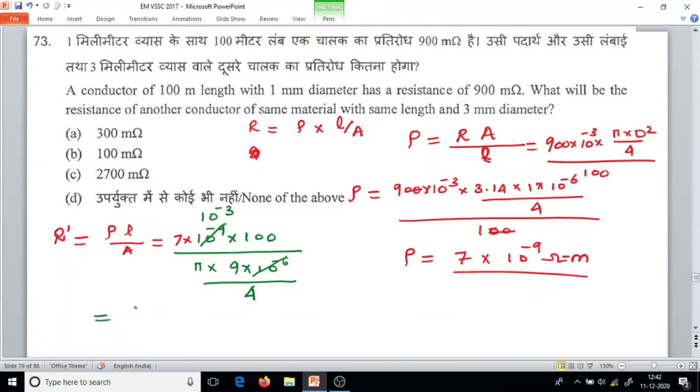Here I will divide by 4. 9 divided by 4, what will we get? So when you simplify all these equations, not spending much time on it, you will get 100 milliohm. Please simplify it yourself.